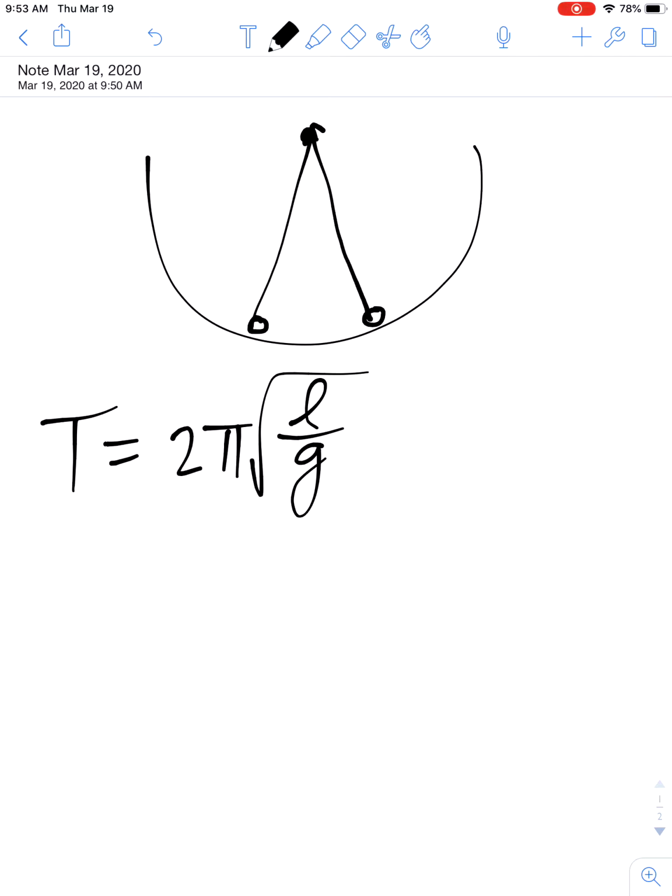That would work fine, except we have the problem that this marble is rolling without slipping, and that complicates things. On a pendulum bob, the bob is not rolling. It's just stationary relative to the string as it swings back and forth.